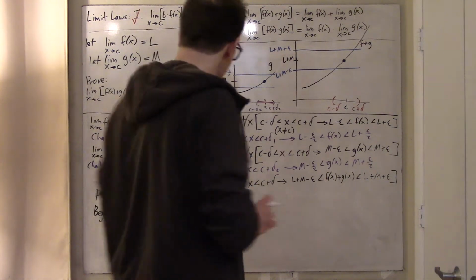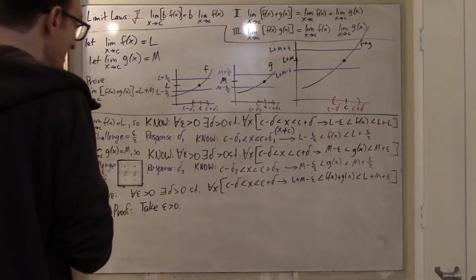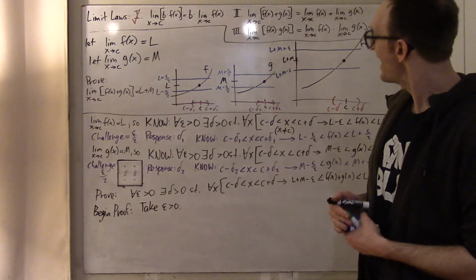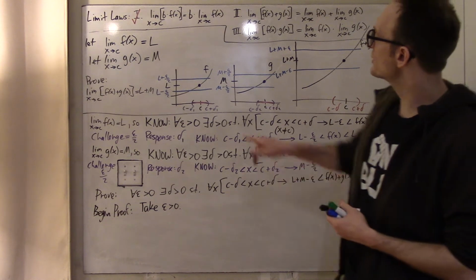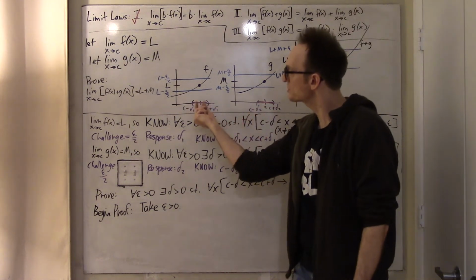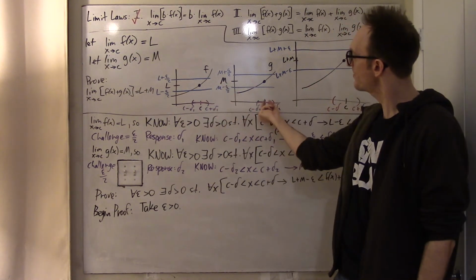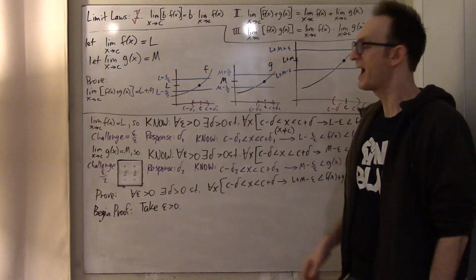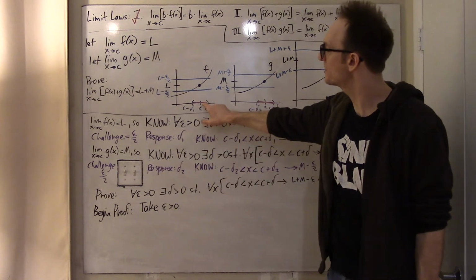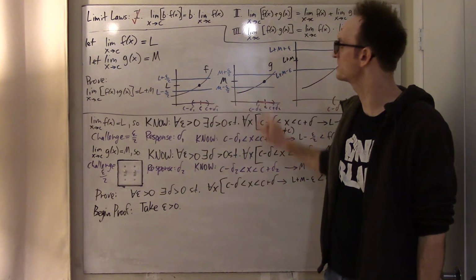So, okay, I think I'm ready. If you get this, then I'm ready to give an answer for what my delta should be. And the answer is, well, I just need both of these to be true. So if these are the magic numbers that make this true, and these are the magic numbers that make this true, I need both of those to be true. So I need x values that are within this interval and also within this interval.